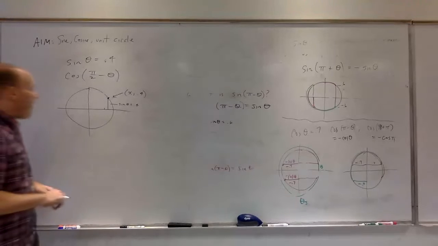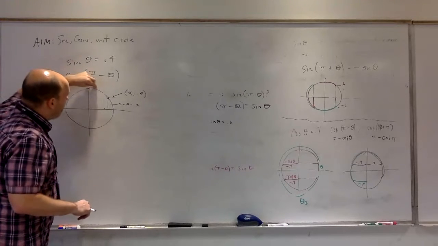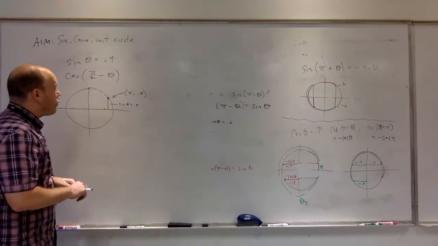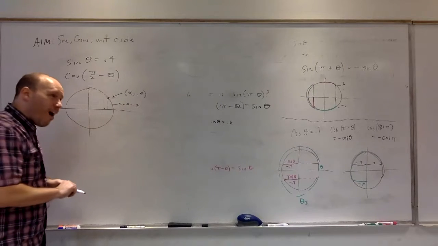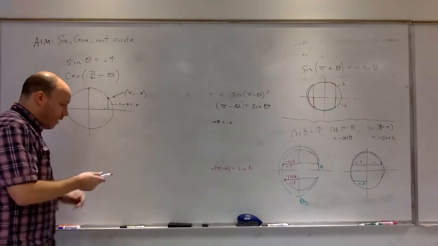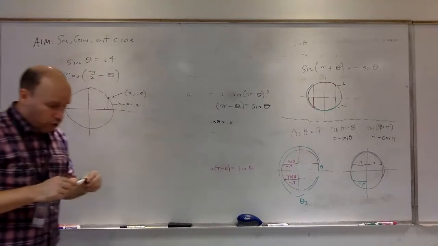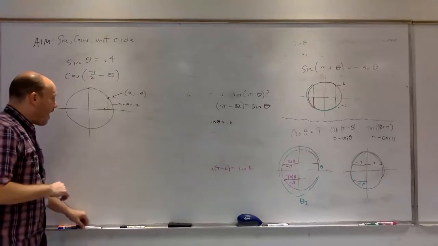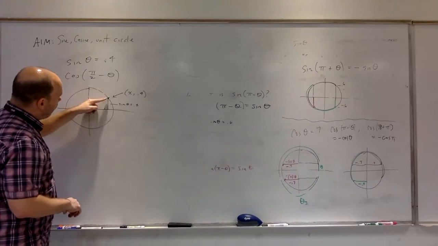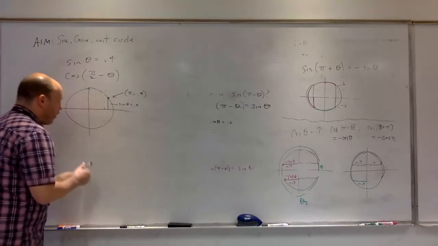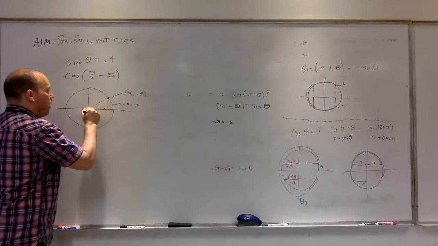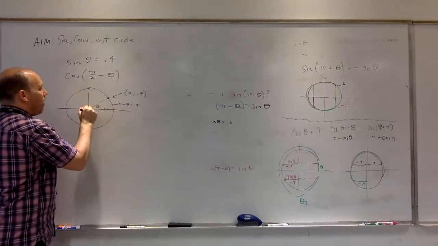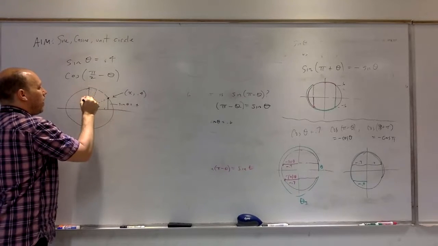If I can start at 90 and subtract off that theta, if I can figure out what that point is, that might be helpful. Well, we have some geometry from 9th grade. How do I get this point over here at 90 degrees?